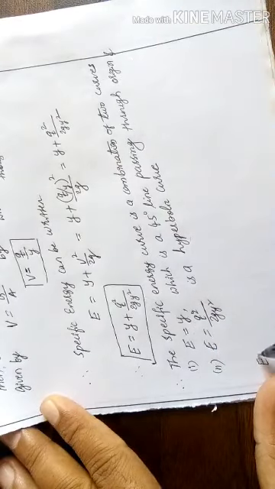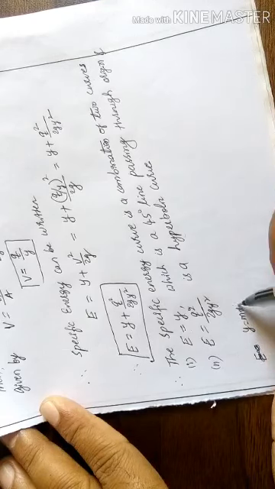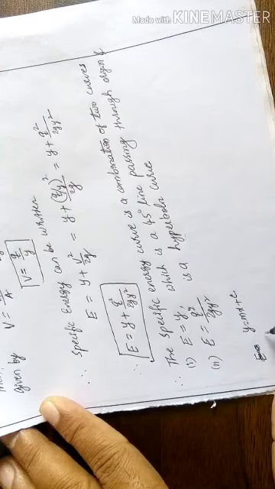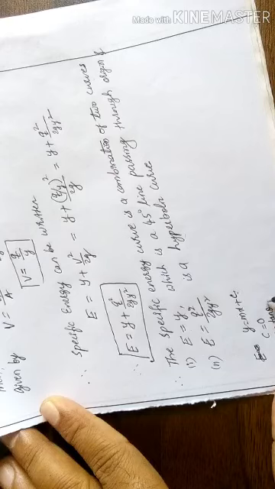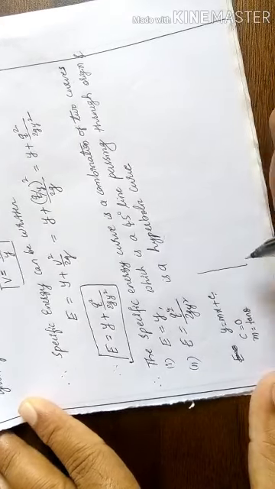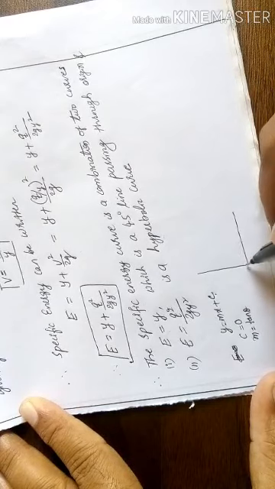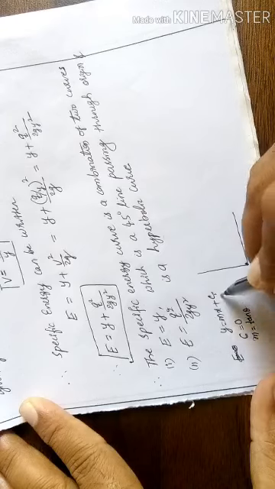Here we know that y equal to mx plus c. When the line starts from the origin, the intercept c becomes 0.